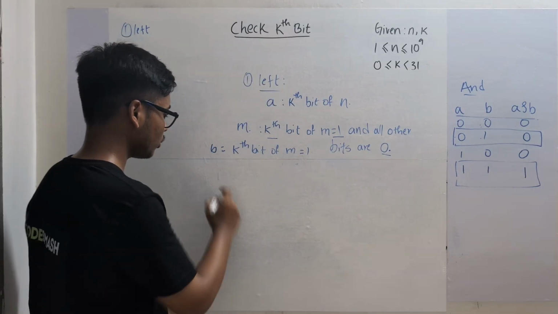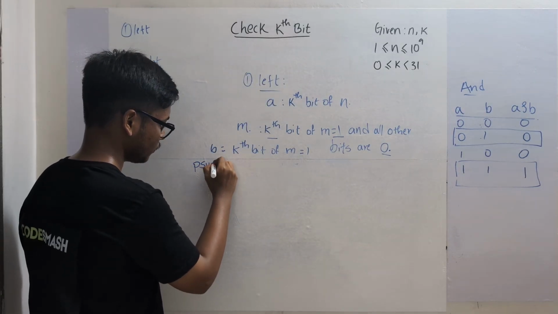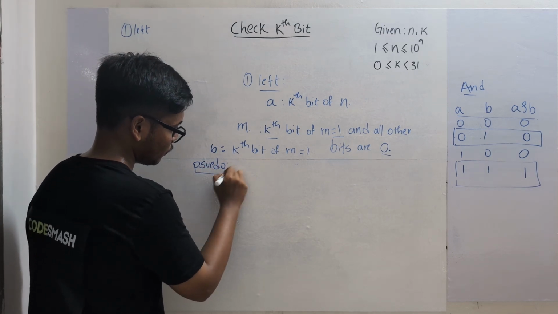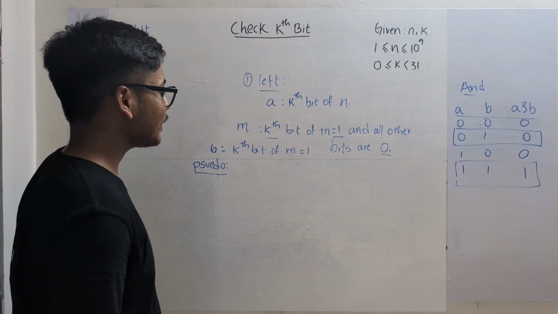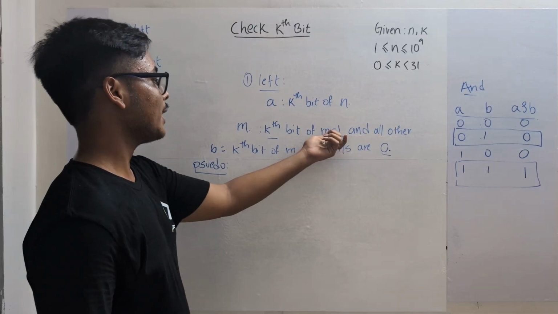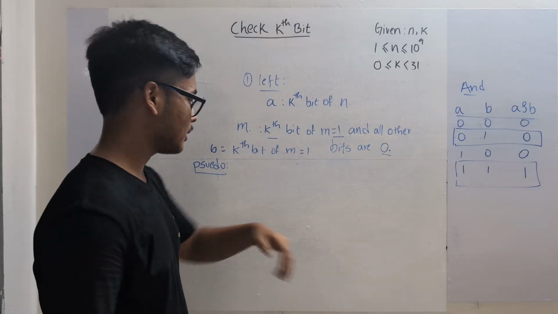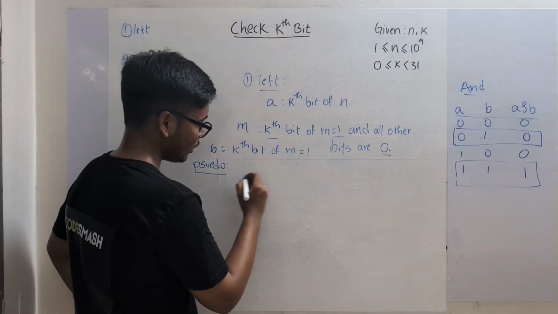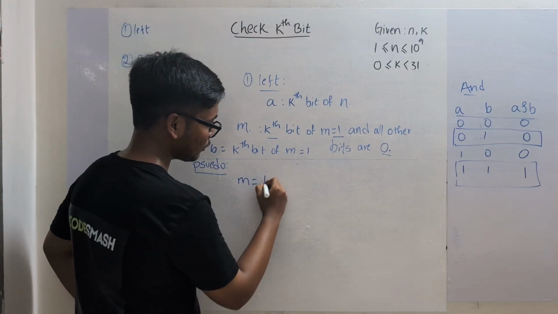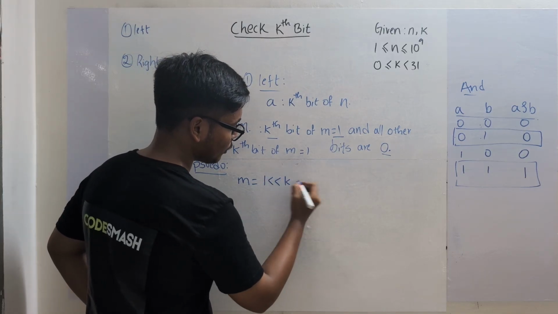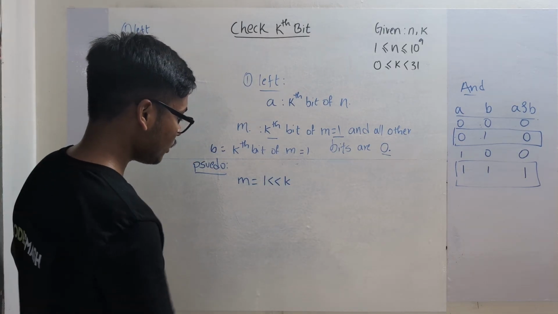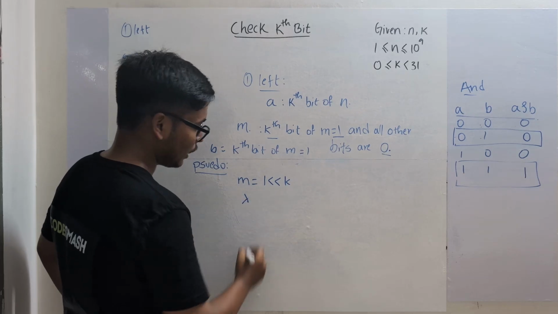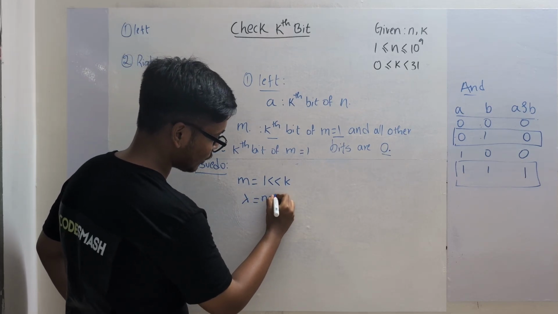we'll write pseudocode. So first we have to generate m such that only its kth bit is 1 and all other bits are zeros. As we discussed, m is nothing but left shift of 1 by k times. And then we have to find the value of n and m, which is nothing but lambda.